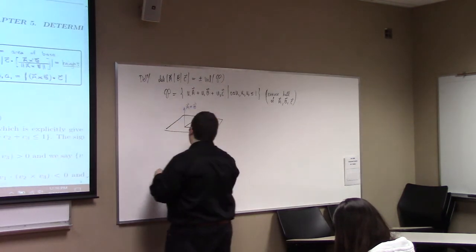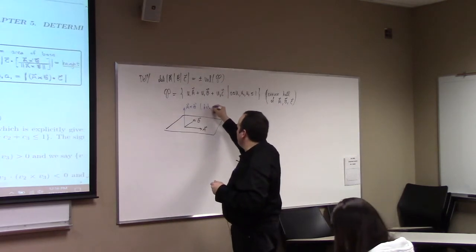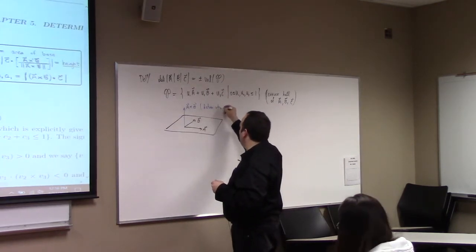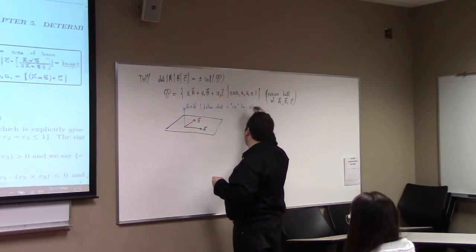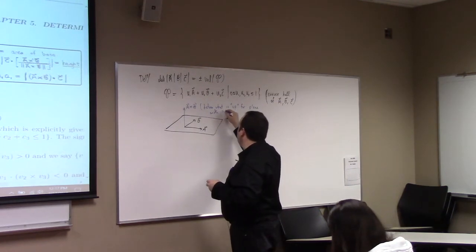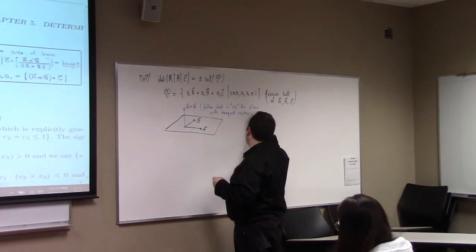By the right-hand rule. So this basically defines what is up for the plane with tangent vectors A and B.